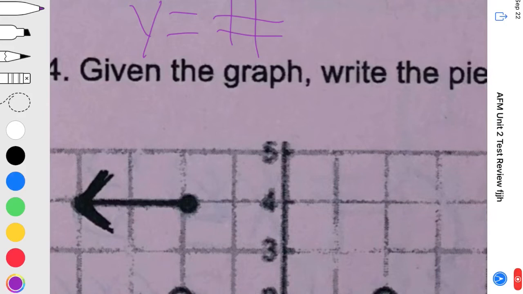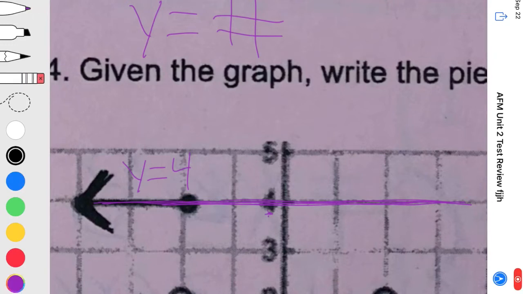Because if we look at our first step, this line that keeps on going, doesn't matter where I am on this line, my y value is always 4. That is why all of the horizontal lines are y equals whatever y value it goes through. So for our first step, it's going to be y equals 4 because it crosses the 4.